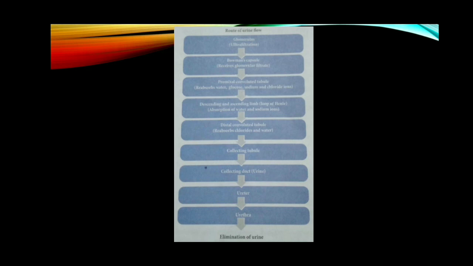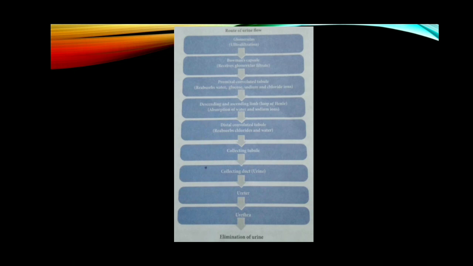As it reaches the distal convoluted tubule, certain substances such as potassium and hydrogen ions are secreted and concentrated urine is formed.